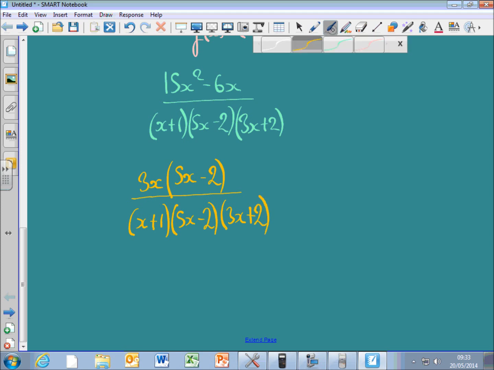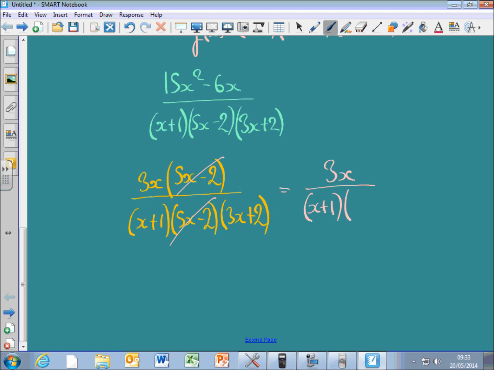And you can see straight away that this and this are going to cancel, and I just get 3x over x plus 1 times 3x plus 2. Okay, and it's fully factorised, so that's it, that's the solution.